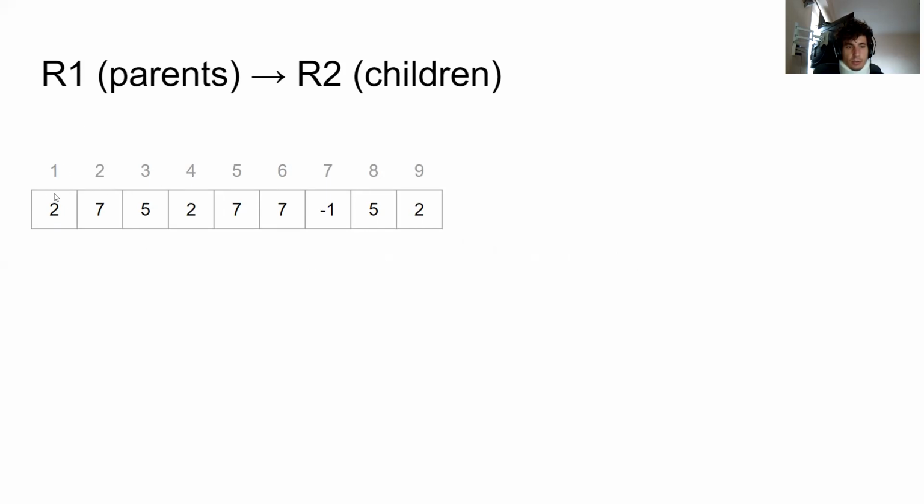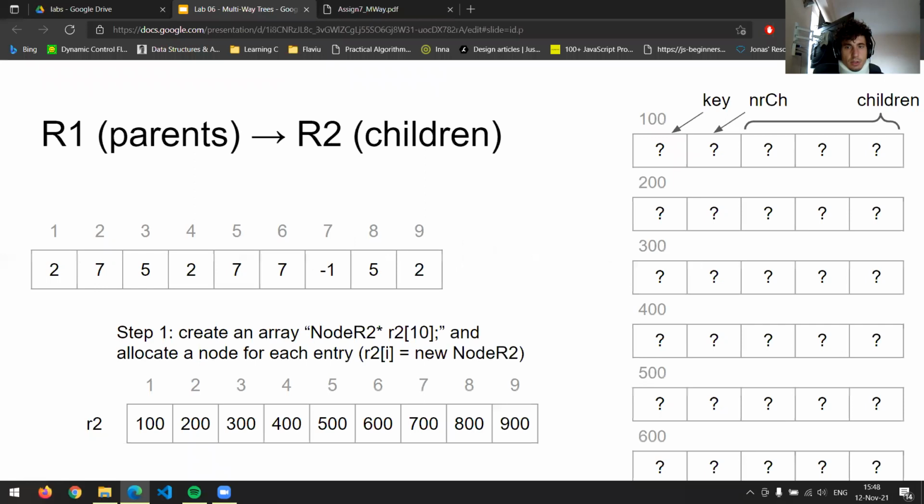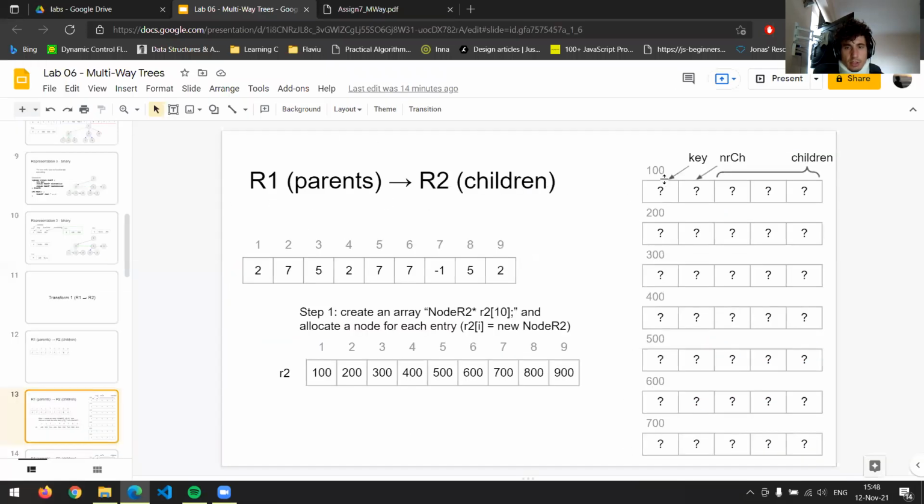Parent of 1 is 2, parent of 2 is 7, and so on. And we want to get, let's zoom out a bit, something like this. So we want to have nodes, and for each node to have an array of children.